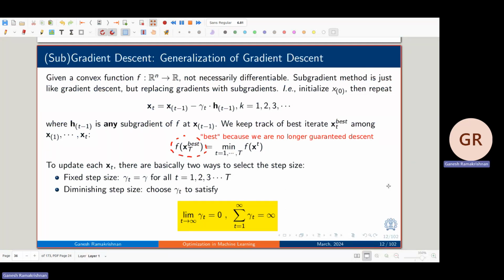Anyone has an idea why in the case of gradient descent you could think of descent? Any idea why?